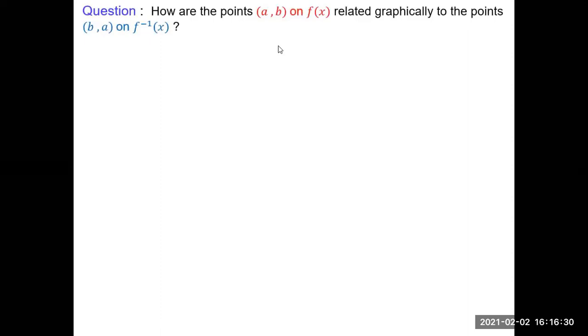So one of the big questions about inverses then is how exactly are the points a, b, which is on f of x, related graphically to the points b, a on f inverse of x. Which simply means this: remember on f of x, if you have the point a, b, then f inverse of x has the same point where the input and output are reversed.